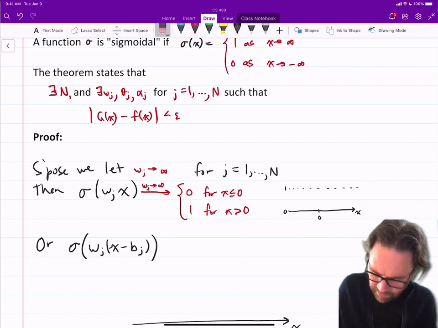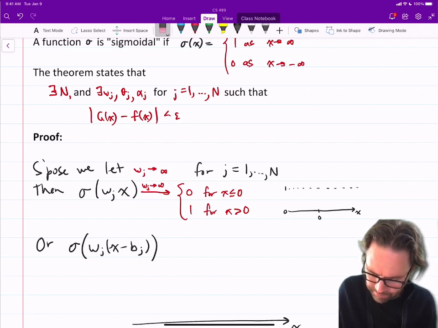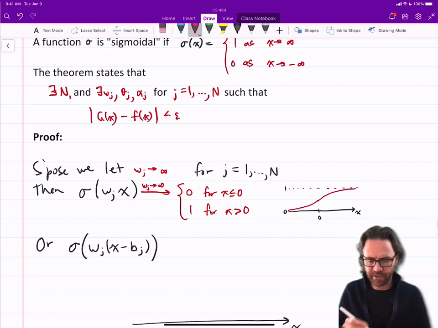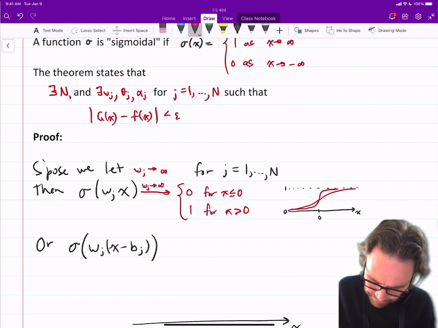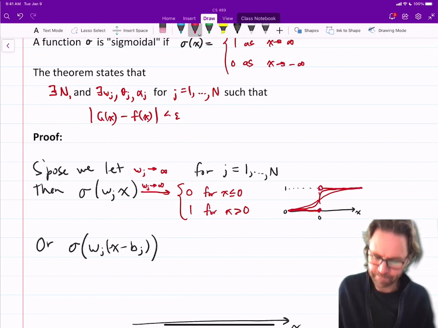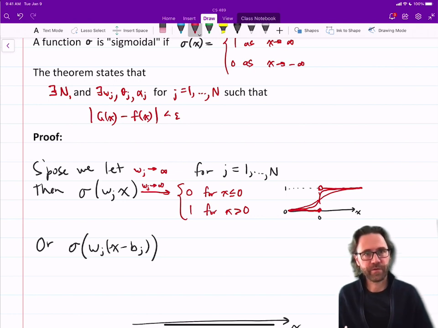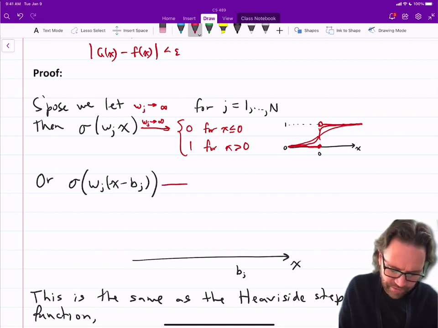If you remember what a sigmoid or logistic function looks like, it passes through 0.5 at 0. So a standard logistic function looks like that. But as you crank up that w, you get steeper versions. And at the limit, you get this here, a step function. It's a Heaviside step function. Another way to make our lives a little bit easier, let's look at a shifted version of it.